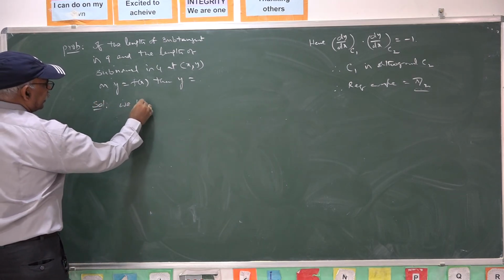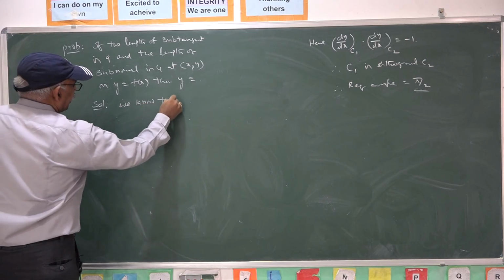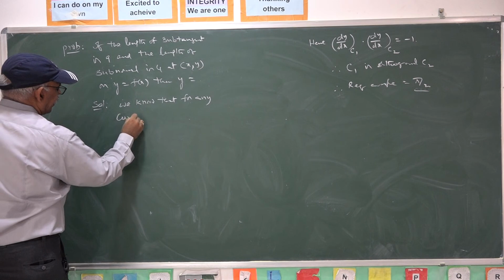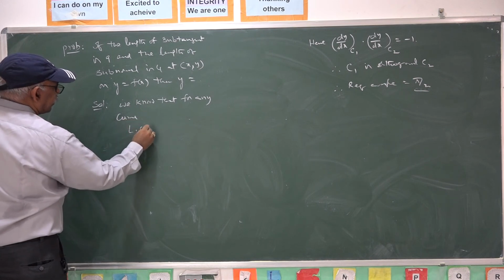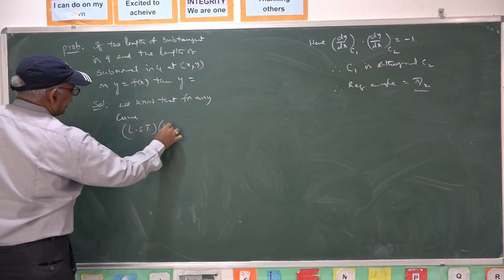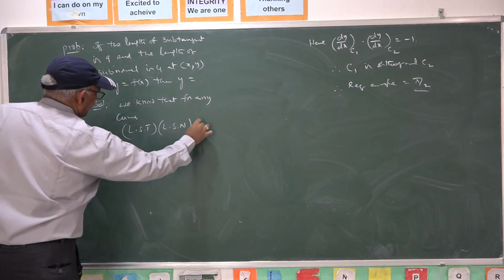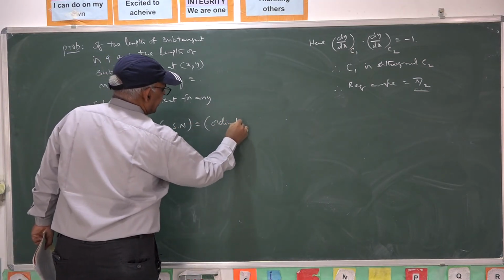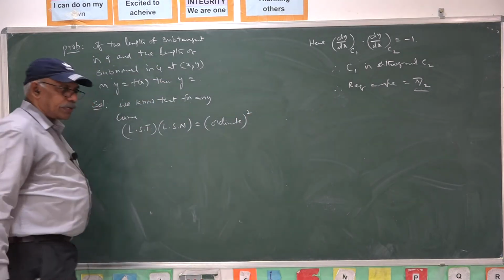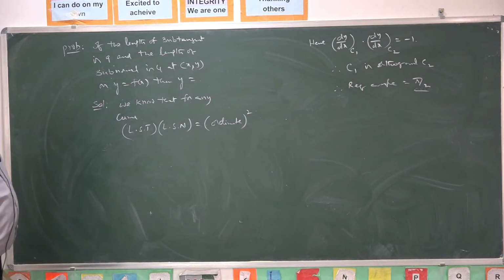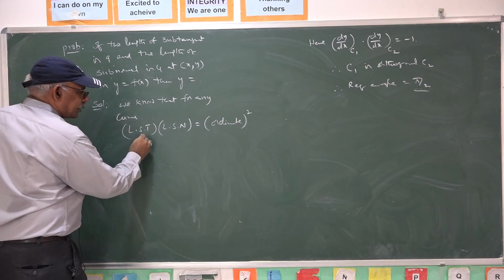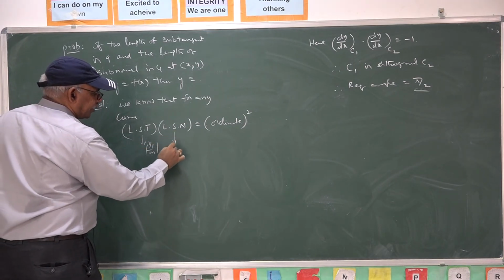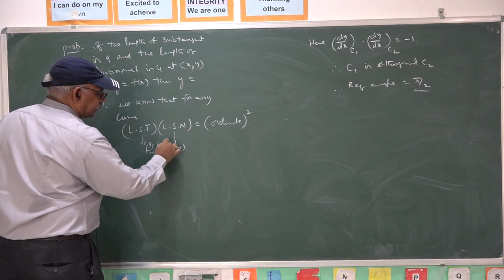We know that for any curve, length of subtangent into length of subnormal is square of the ordinate itself. This is y1 by m, this is y1 into m.